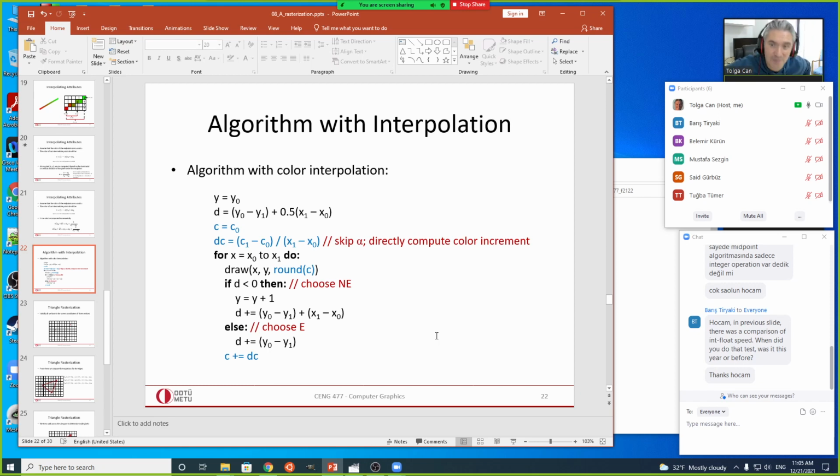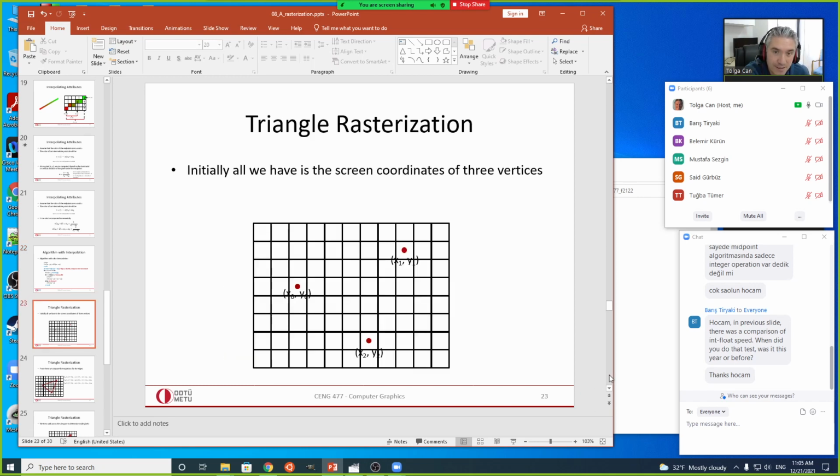This is only for lines that have slope between 0 and 1. You need to take care of the edge cases, which may be cumbersome to code. But it's not that difficult anyways. You should be able to do this. It's just more lines of code than what appears here, but still doable. And this is the solution that you will be implementing for drawing lines.